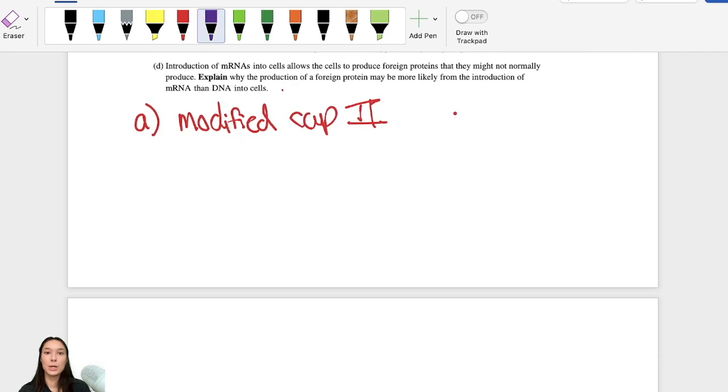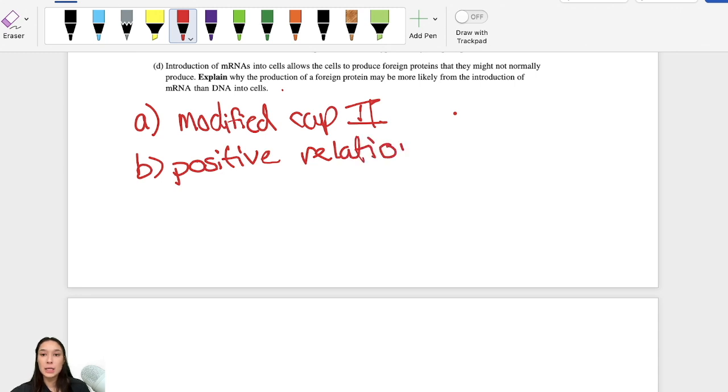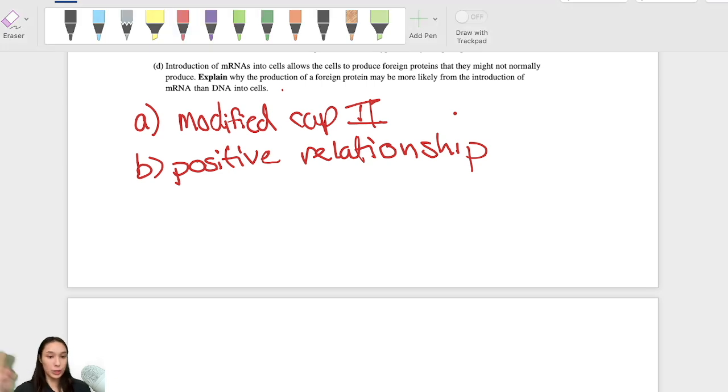Okay. So for B, you could say that it's a positive relationship, because again, as the half-life increased, the amount of protein also increased. You could also just say that the longer the mRNA half-life, the more protein produced.